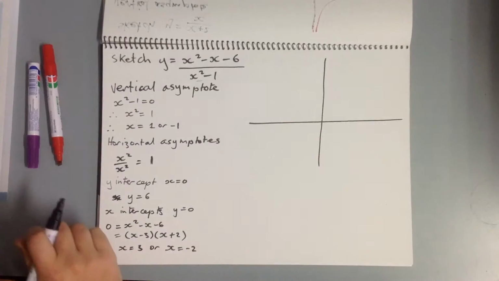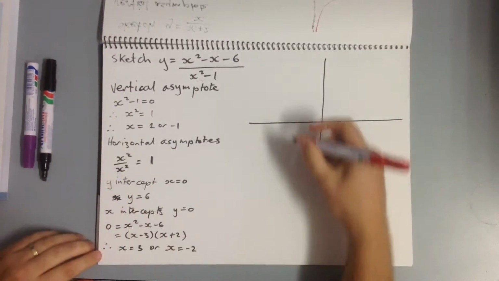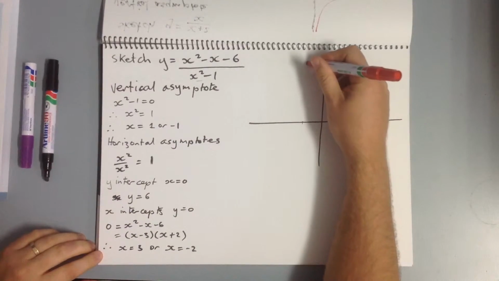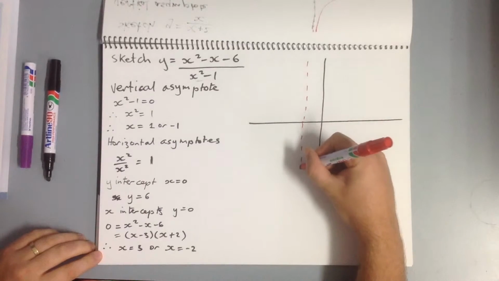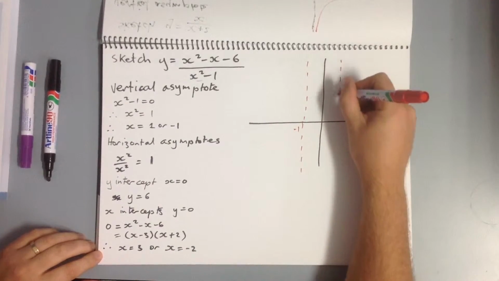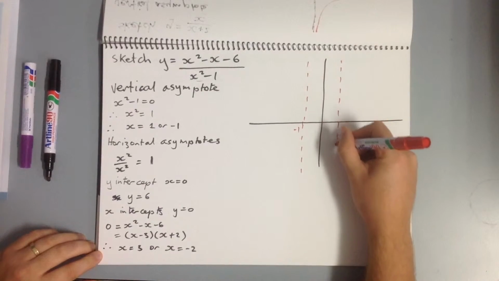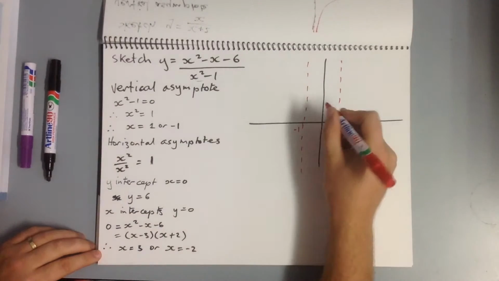So we draw our axes. We need our vertical asymptotes. We've got one here at -1. We've got another one at +1. We've got a horizontal asymptote at +1.